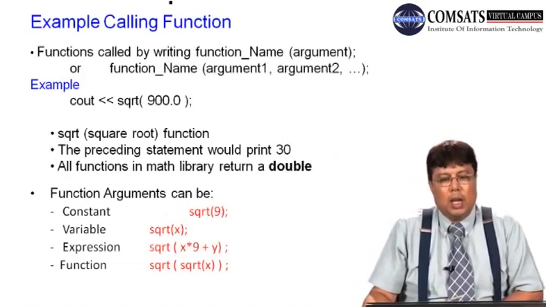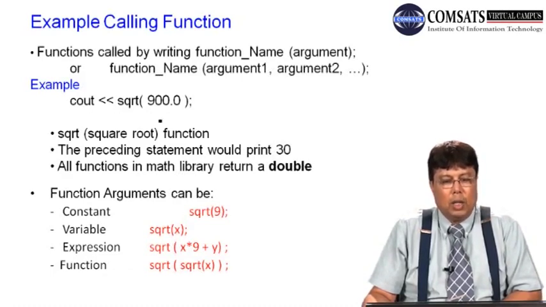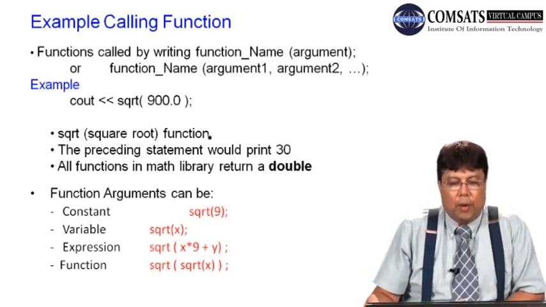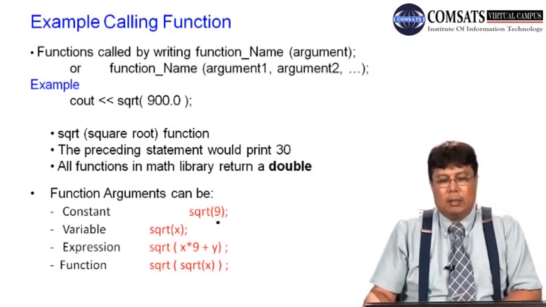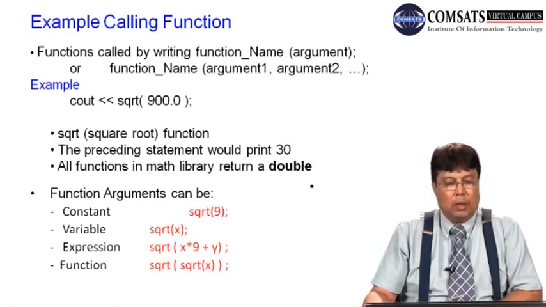Here I am using it in a cout, square root of 900. Square root is the name of the function. This statement will print 30, because the square root of 900 is 30. So a function in the math library returns a double. I'll come back to this in the math library very quickly.